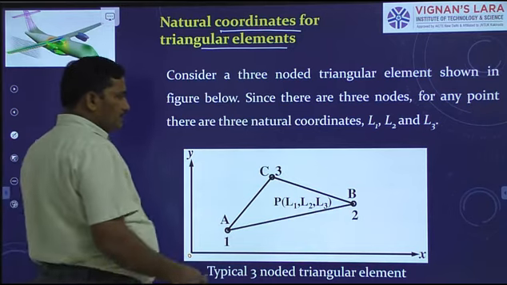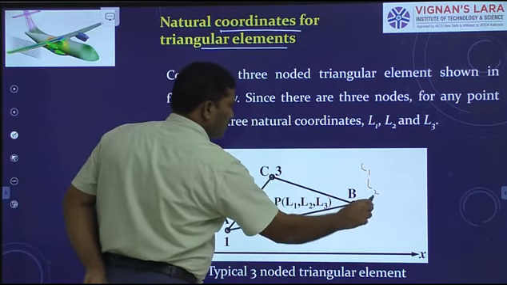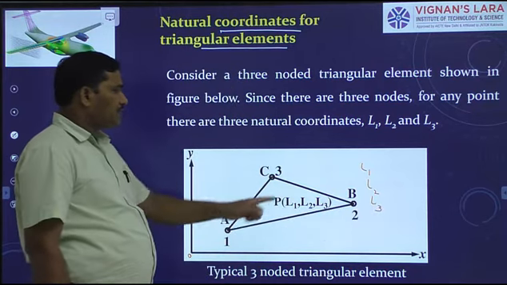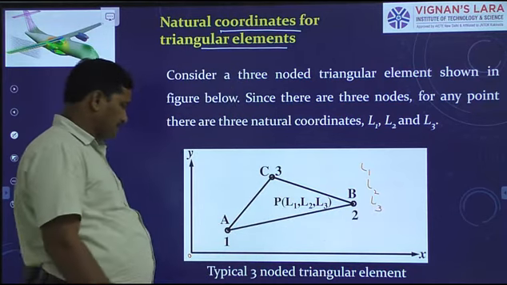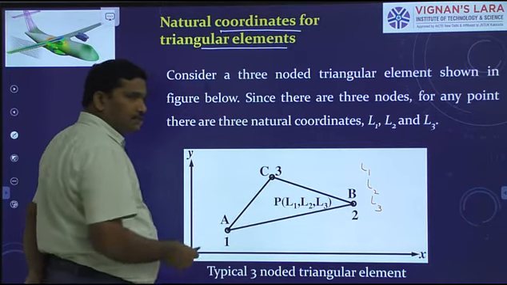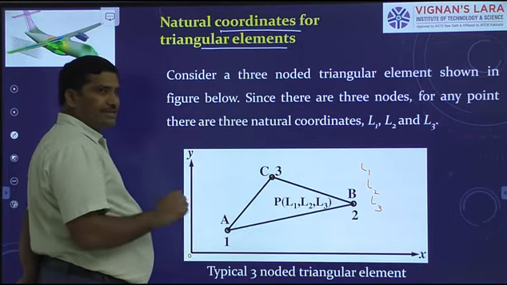And we have three natural coordinates L1, L2 and L3 for any point in this three-noded triangle. Each node is specified by the coordinates x and y.